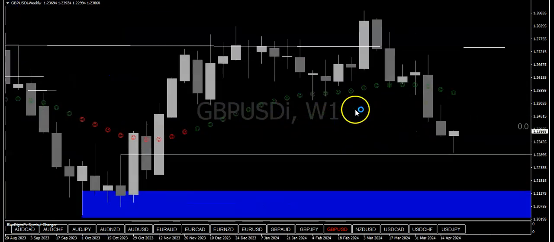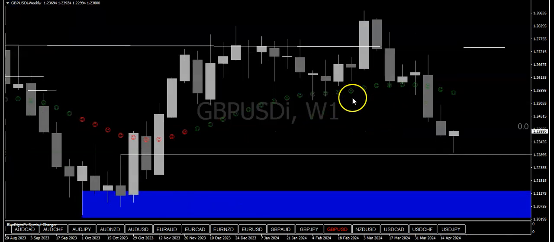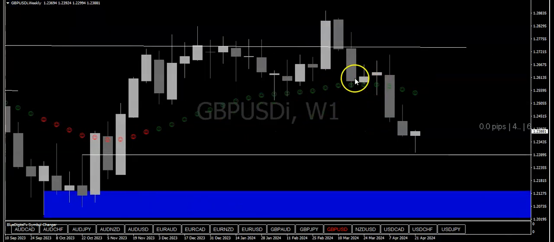Now, let's see if I can find some more. Right here. Breach, tap back into it, bought off. These don't look as bad, but guess what? On this level, we know we can get up there, but we're not going too far up there.